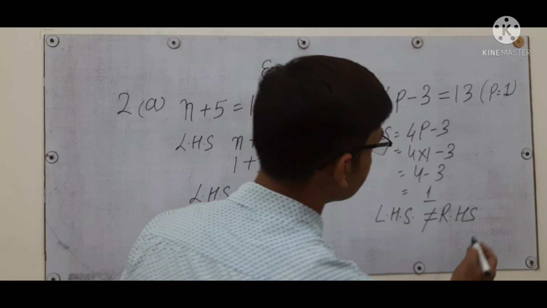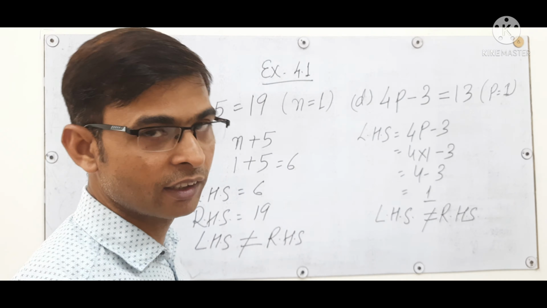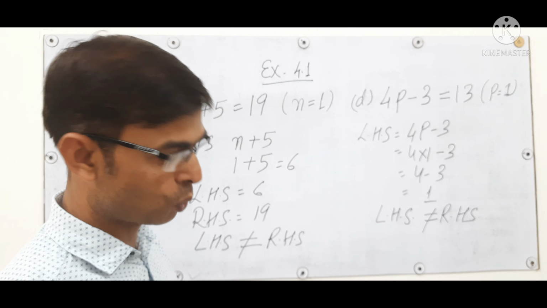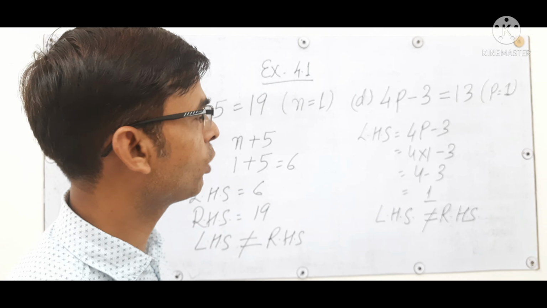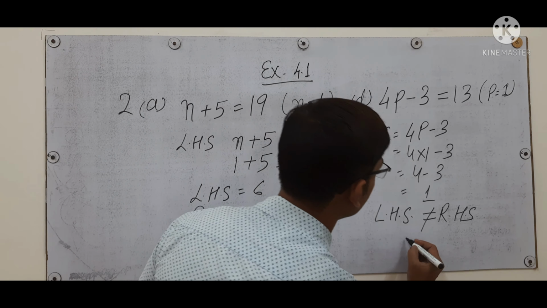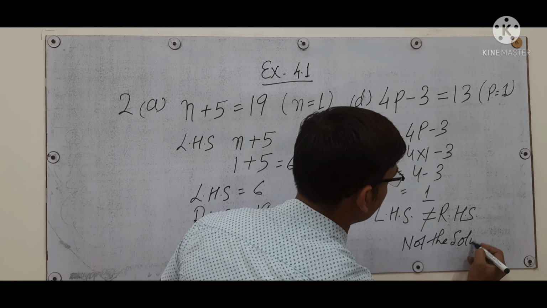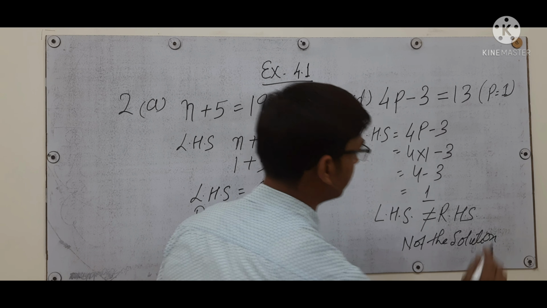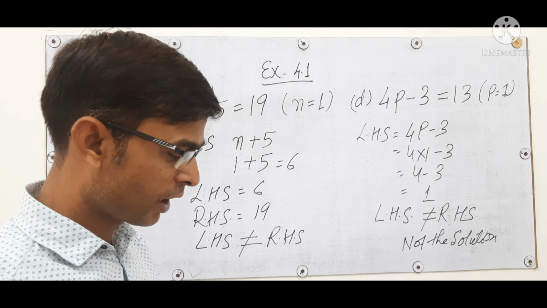So when the left hand side is not equal to the right hand side, it means that the value given in the equation, that is p equal to 1, is not the solution of the equation. Okay, so it is not the solution. So here also we find that it is not the solution.